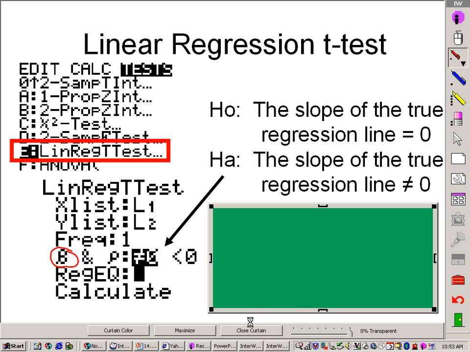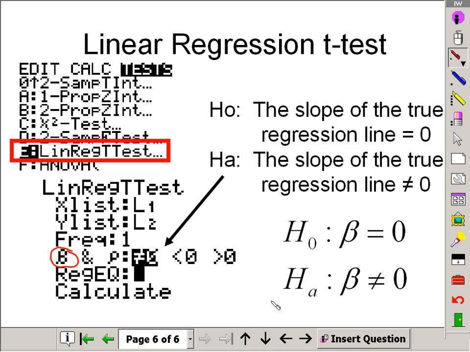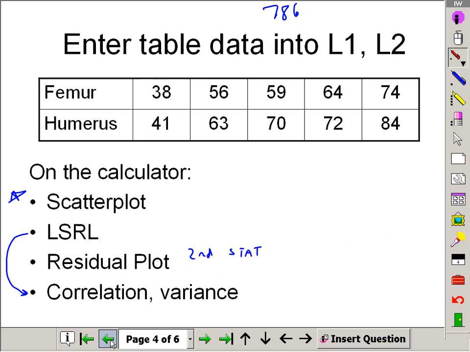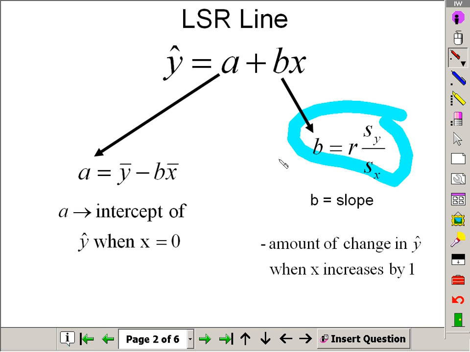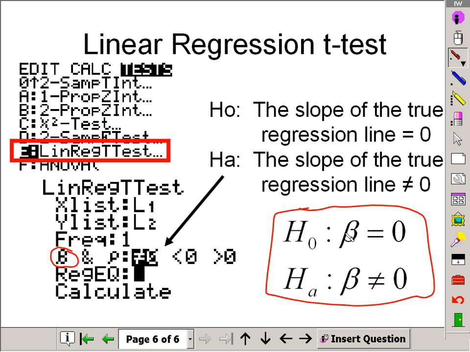If we have Ha, that says we do have some type of regression. In most cases, we'll set H0 as beta equals 0. Beta is just the Greek letter B, and we say beta is for all possible least squares regression lines.